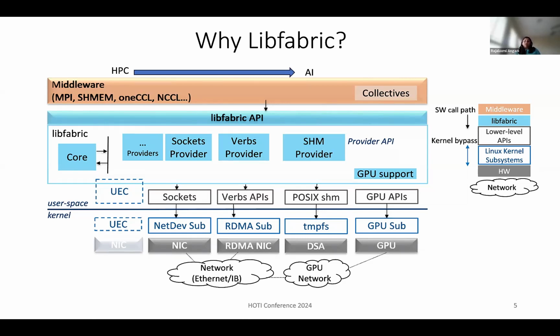We also have offloading of collectives implemented. With all these cool features, Libfabric is helping deal with the evolving fabrics, and now it has become a part of the UEC stack as well.